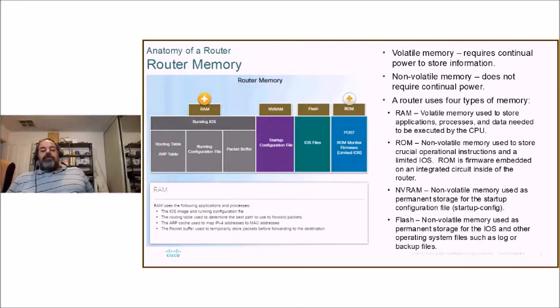RAM is your volatile memory used to store applications, processes, and data needed to be executed by the CPU, while ROM is basically your boot instructions and a way of finding the operating system and booting the router. NVRAM is non-volatile memory, and that's where we store the configuration file. And then there's flash, which is instead of what a computer would normally have as a hard drive. It's again permanent storage, and that's where the operating system is stored.